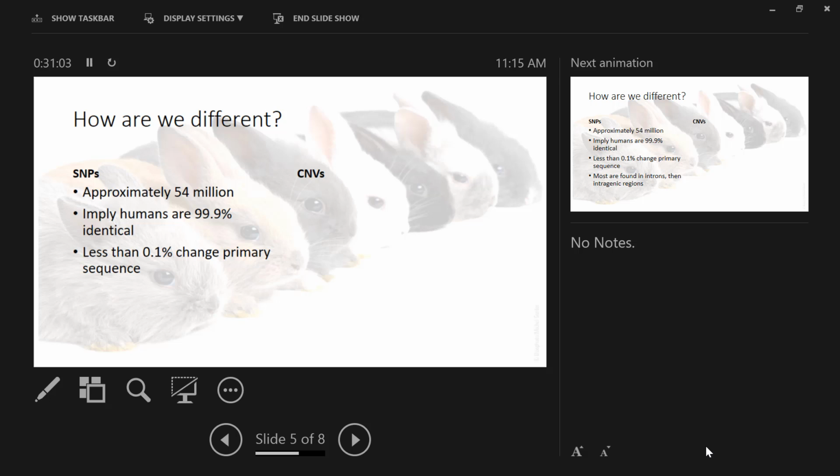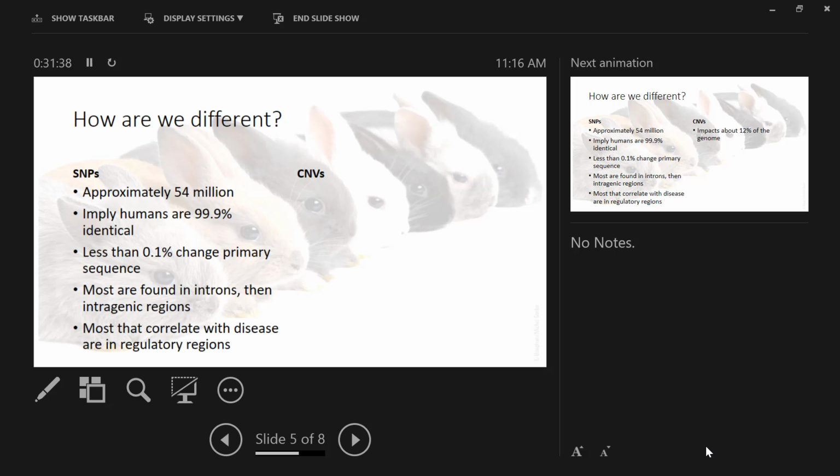If we're going to maintain this variation, it's probably not going to have a big impact on the proteins that have to be made. So very few of these are in exons of genes. Most of them are in introns that get cut out as you're processing immature mRNA. And then a lot of them are in what we call intragenic regions, in areas that don't get transcribed at all. Oh, that's right here. Most are found in introns, followed by intragenic regions. Very few of them are actually in exons.